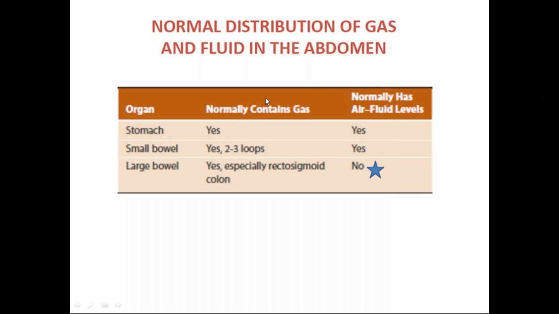But if there are more than 3 to 4 small bowel loops visible with air fluid levels, we can suspect small bowel obstruction. And in the large bowel, you should only be visualizing air, but if you see any air fluid levels, you have to strongly suspect intestinal obstruction.